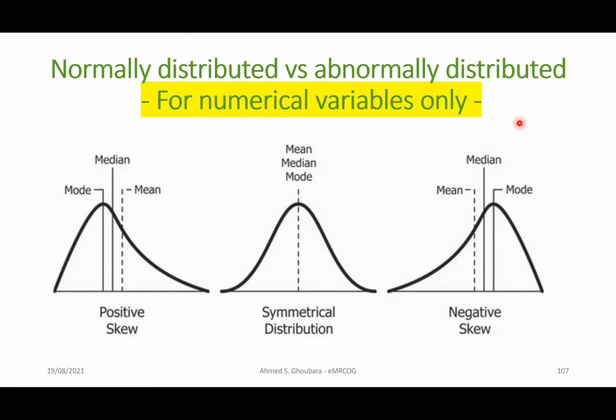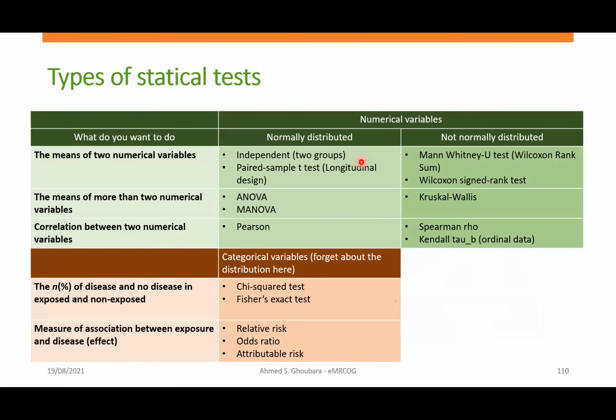So what's the big deal? Why should we know about distribution at all in the first place? Because of this table. This one is very important. If the data is normally distributed, that's one thing. If the data is not normally distributed, that's completely another thing. This is how statistical tests are designed.